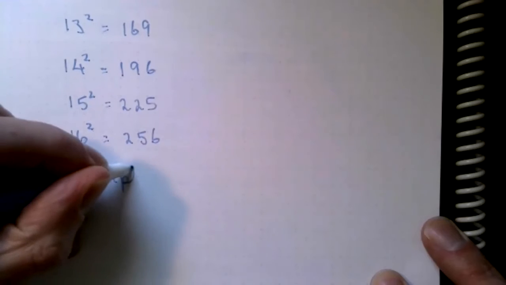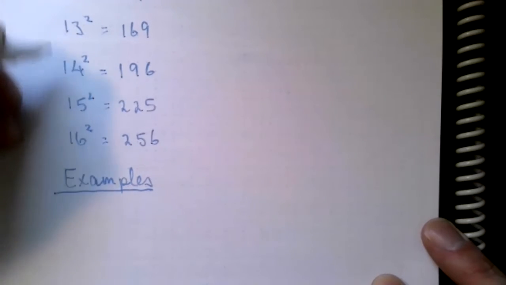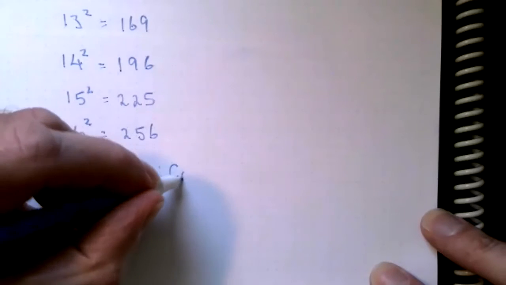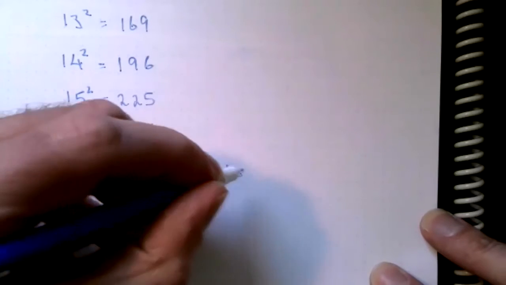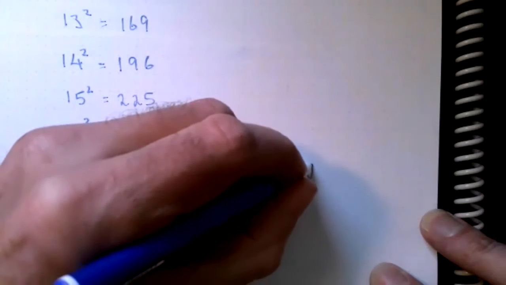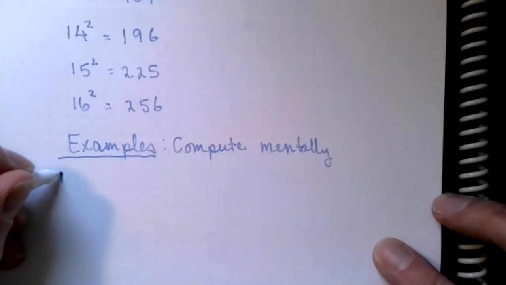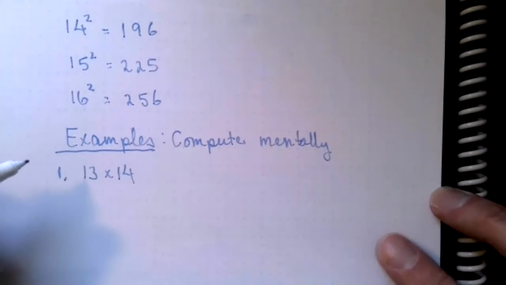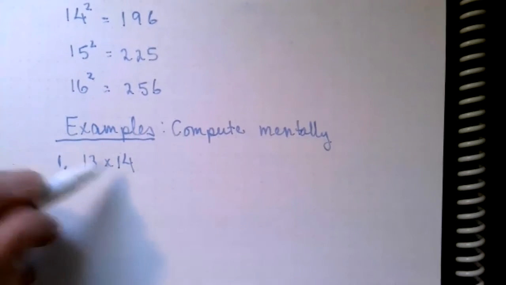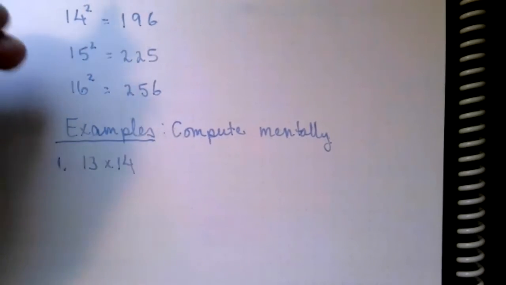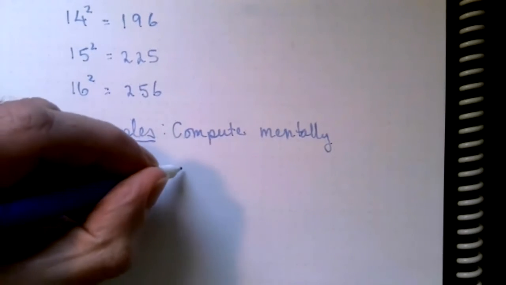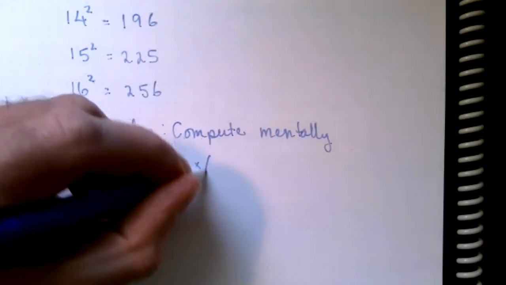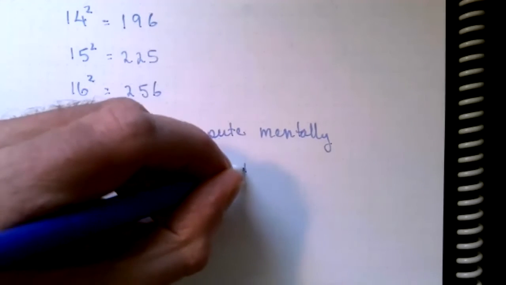So here are some problems where knowing these squares helps a lot. A problem like this, 13 times 14. Okay, well, here's how I would view it. 14 is one more than 13.